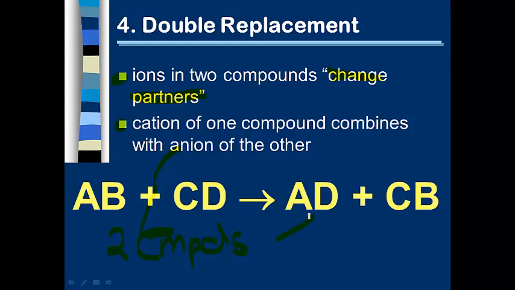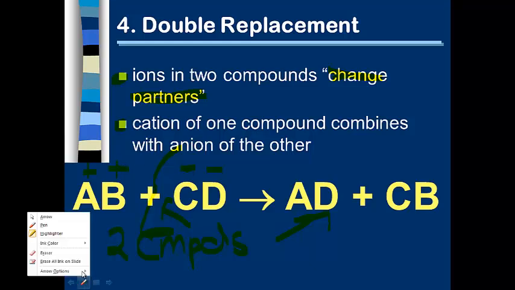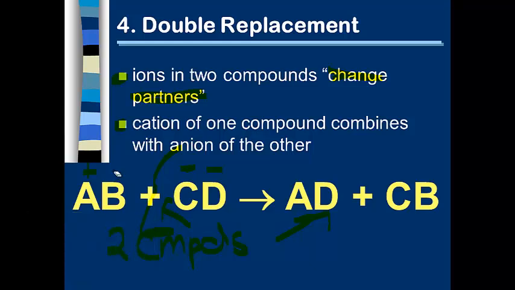I'm trying to write with the mouse here. So you've got two compounds as products, two compounds as reactants. And again, you just get them to switch. So the cation of A is now going to pair up with the anion of D, and the cation of B is going to pair up with the anion of C. Let me fix that so that it's correct here.